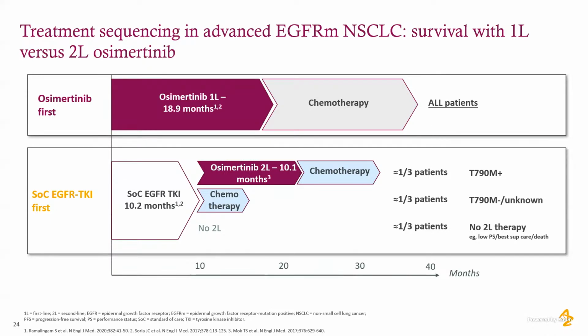But if we use standard of care TKIs in the first line, the survival is 10.2 months only. But if they develop a T790M mutation, which we miss in many, many die before that. So if we get a T790M mutation, their survival will be further. If we use osimertinib, it will go to 10.1 months. But if we combine these two, it will be much higher than osimertinib as first line.